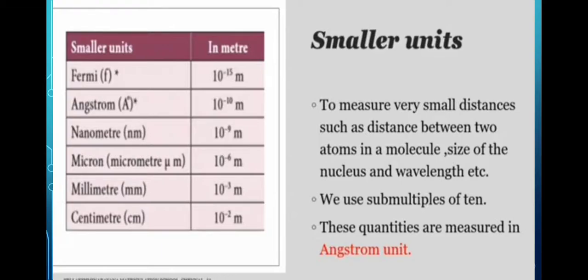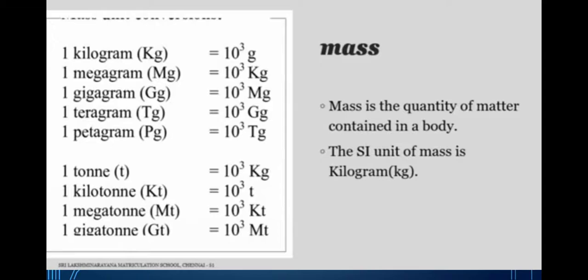Next, we move on to mass. We commonly use the term weight, which is actually the mass. Many things are measured in terms of mass in the commercial world. Mass is the quantity of matter contained in a body. The SI unit of mass is kilogram. In any case, the units are based on the items purchased.